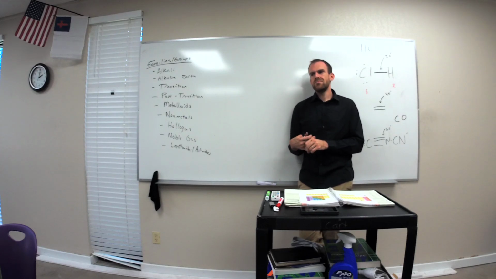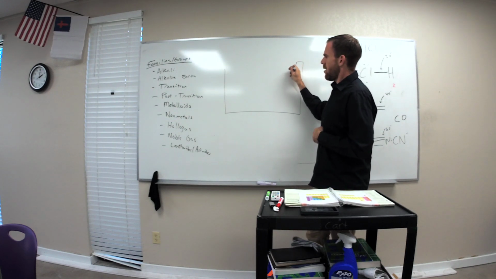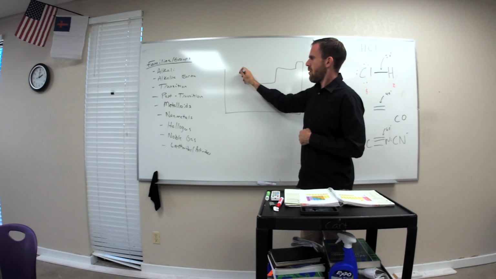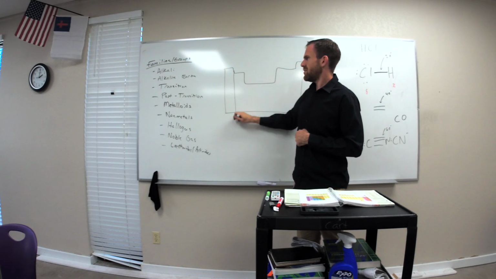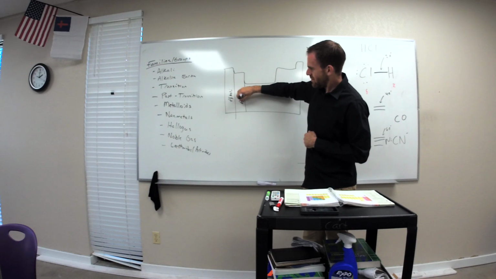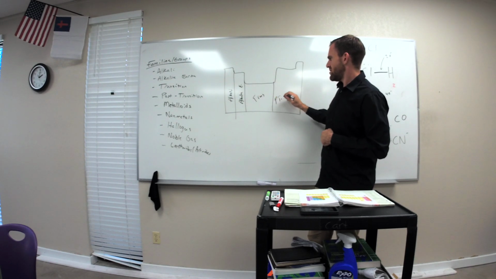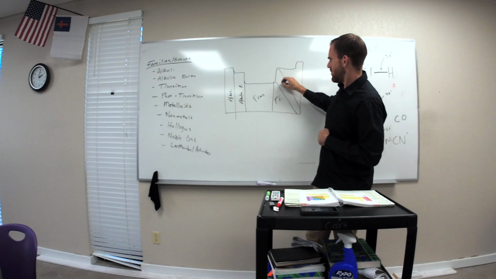You just want to know which section of the periodic table. So you should be able to say alkali, alkaline earth, transition, post-transition, the metalloids, the non-metals.